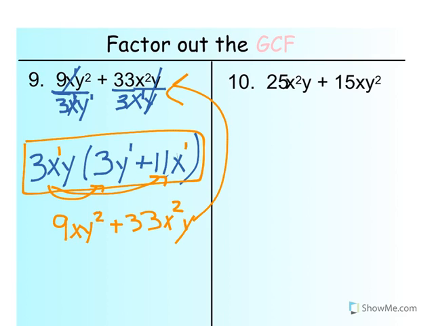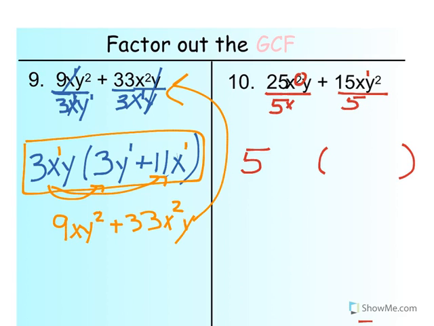What is the greatest number that can go into 25 that can also go into 15? 5 is the greatest factor they share in common. So when we get ready, 5 we're pulling out. Now look at the x's. There are 2 here and only 1 here.